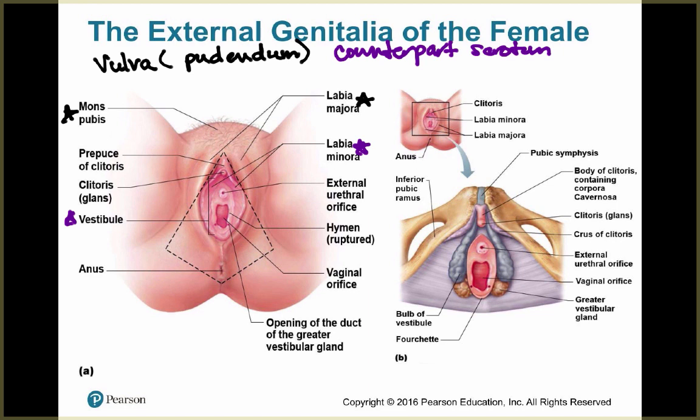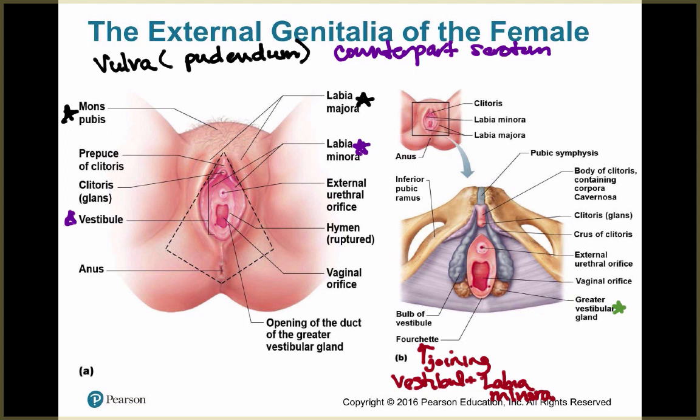Other parts on here include the fourchette. This fourchette is a ridge formed by the joining of the posterior vestibule and the labia minora. Over to the right or left of that, you'll see what's known as the greater vestibular gland.